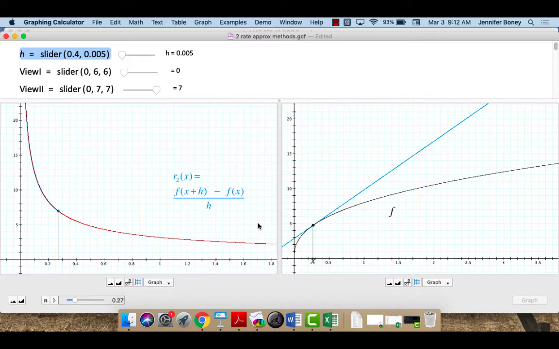I know that the beginning of this caused lots of problems before, but when I have h incredibly small, I have this smooth function that matches up pretty well, at least in the field of vision we've got here, with the exact rate of change function.